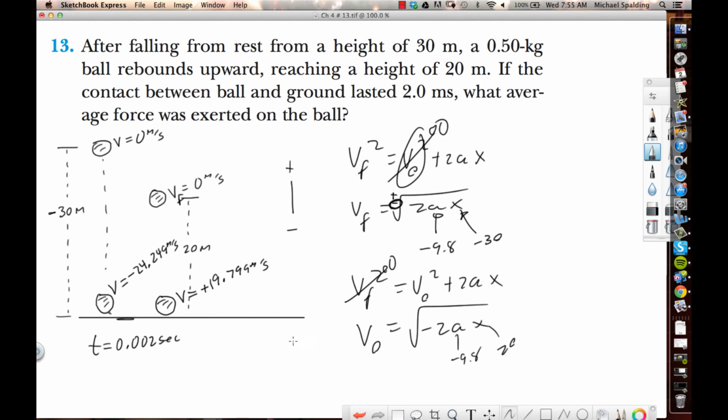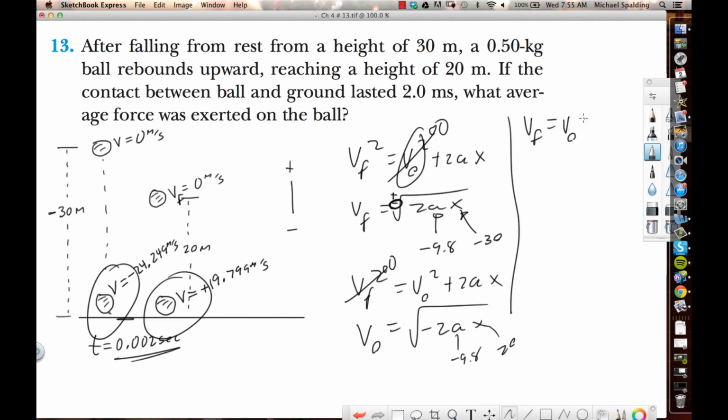Okay, so now we have the velocity right before the ball hits, we have the velocity right after it hits, and we have the time. So now what can we find? The acceleration. How do you get the acceleration? You go Vf equals V initial plus at. So a is going to be Vf minus V initial over t.